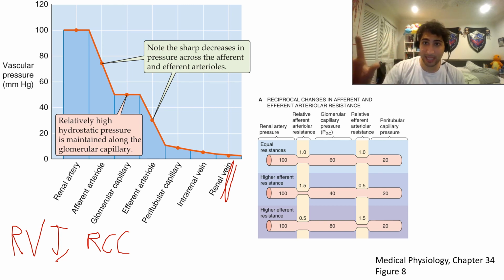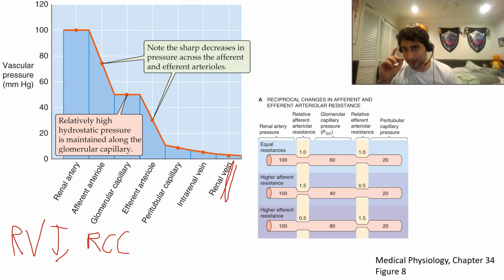And when it happens on the left side, anytime the renal vein is compressed on the left side, particularly in a male, remember that the left testicular artery, the left gonadal artery, the left testicular vein and the left gonadal vein, they drain directly into the left renal vein. All right, so the gonadal vein is a general term whether you're male or female.